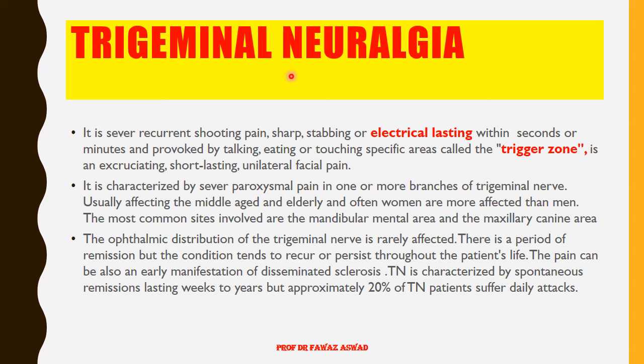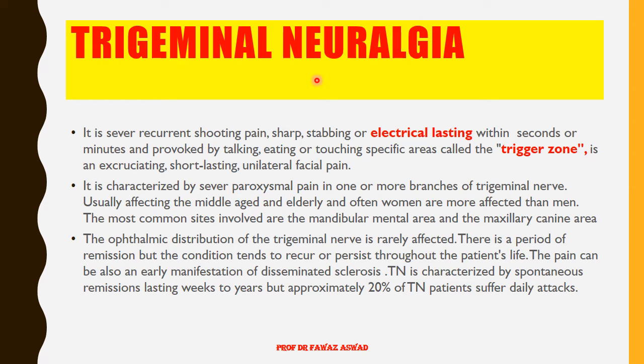Another characteristic feature is severe paroxysmal pain in one of the branches of the trigeminal nerve, which are the ophthalmic, the maxillary, and the mandibular. People who are affected are mostly middle-aged or elderly. Most studies have confirmed that females are affected more than males.